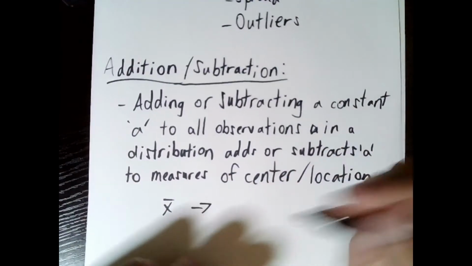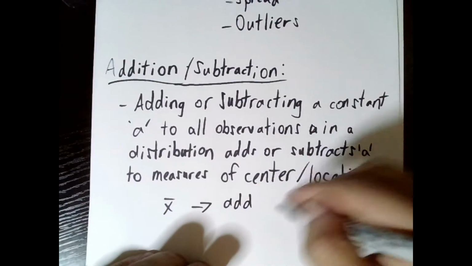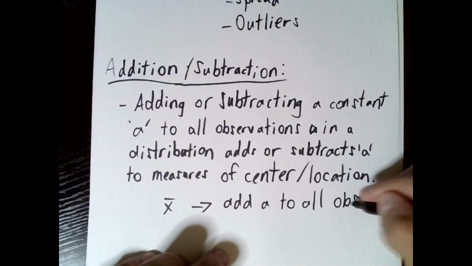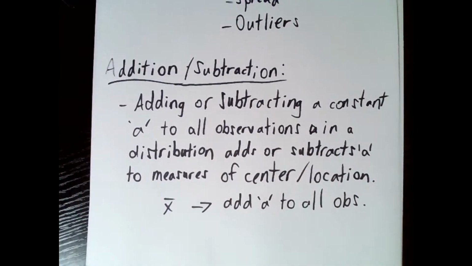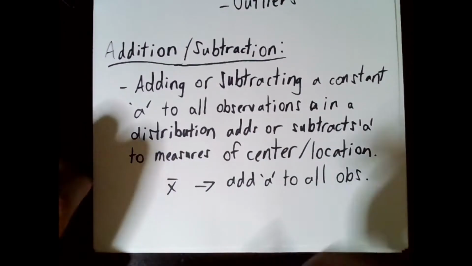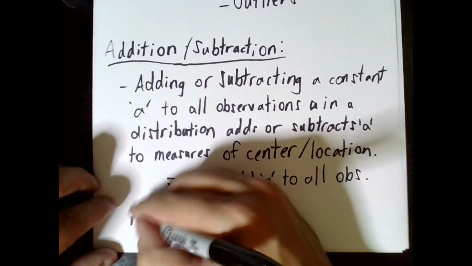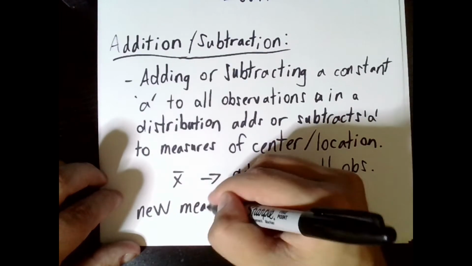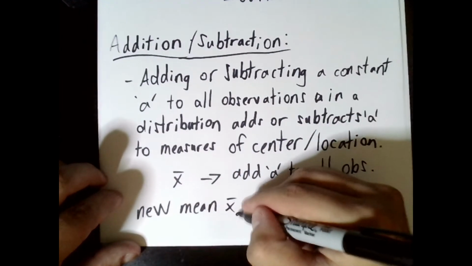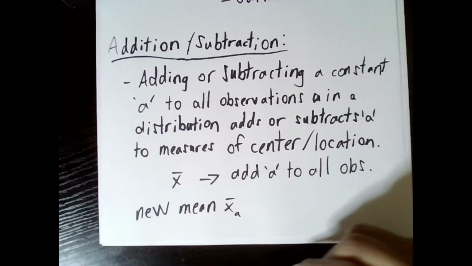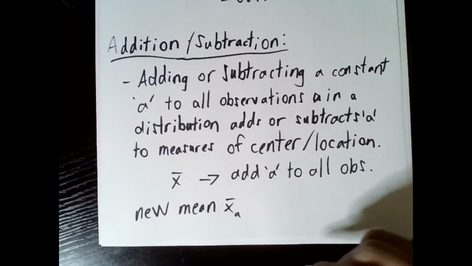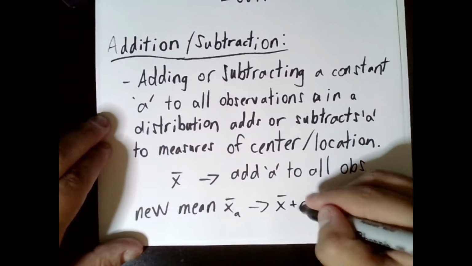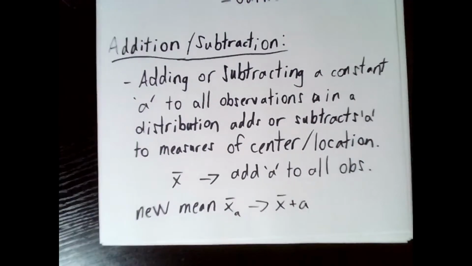If I add A to all observations, then the new mean, I'll call it x bar sub A, the new x bar with A added to all observations, is going to be simply x bar plus A.